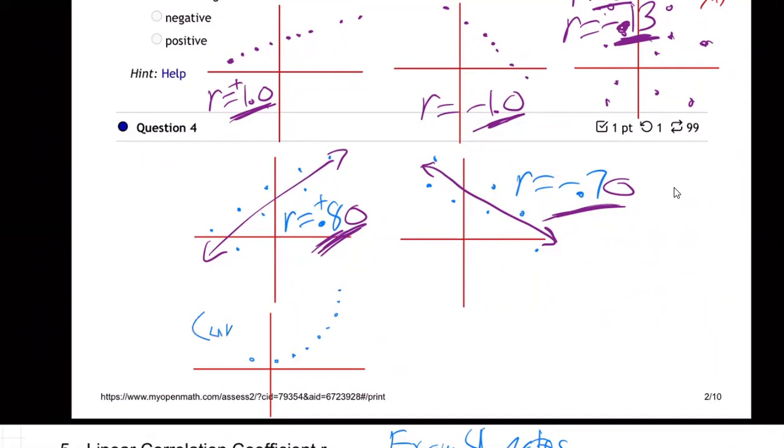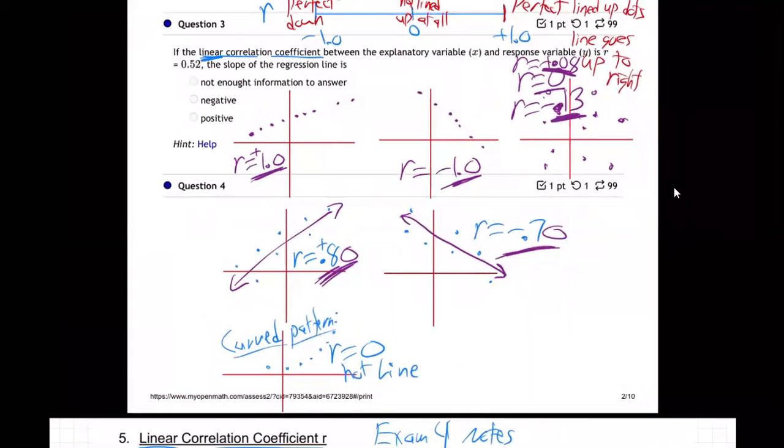That's curved, isn't it? Well, R is going to be basically 0. Why? Because it's not a line. All we're testing for is, is this a line? Remember, it's called the linear correlation coefficient. It just tests if there's a line.